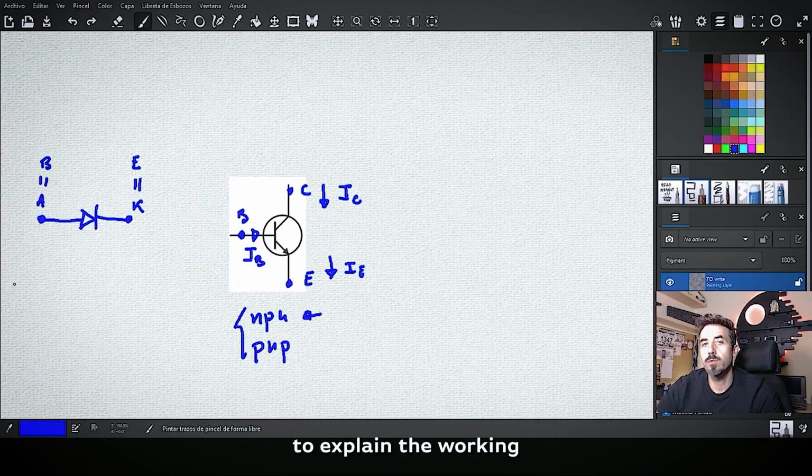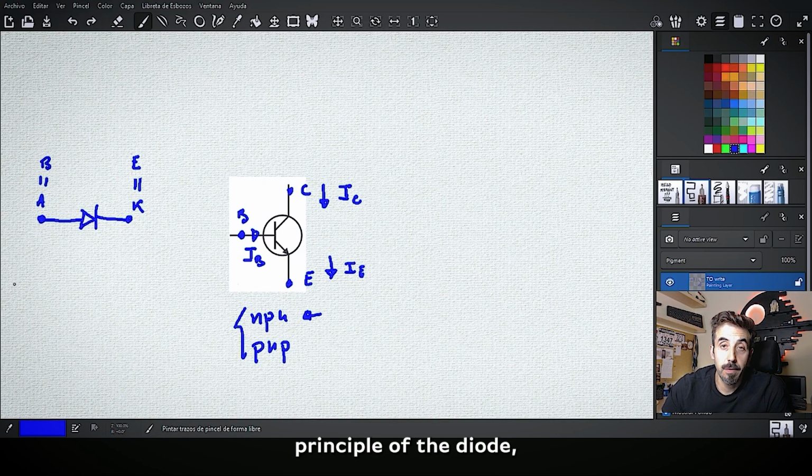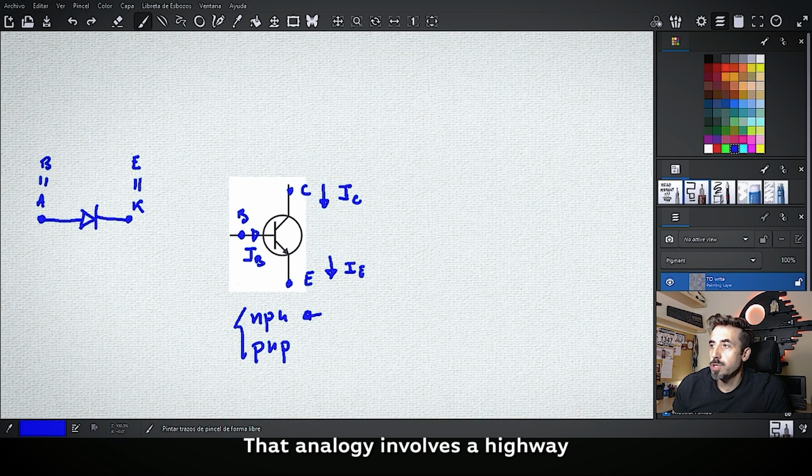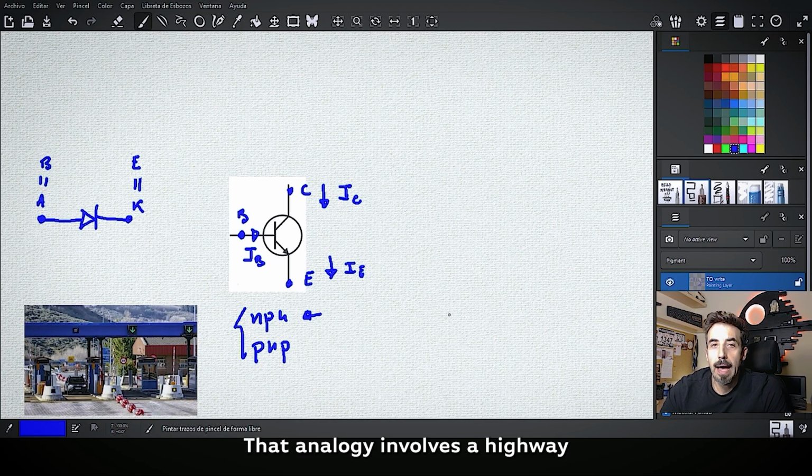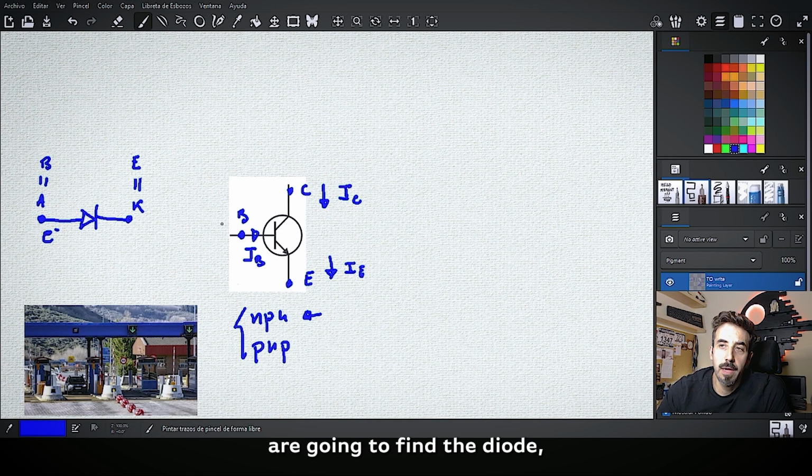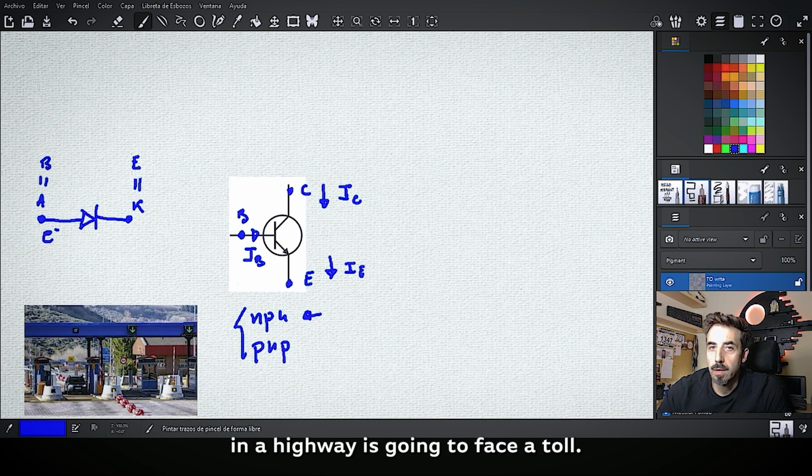Every time that I have to explain the working principle of the diode, I usually use an analogy. That analogy involves a highway and also a toll. So imagine that our electrons which flow through the cable are going to find the diode, as a car in a highway is going to face a toll.